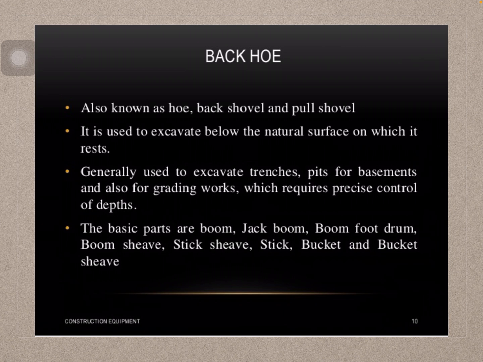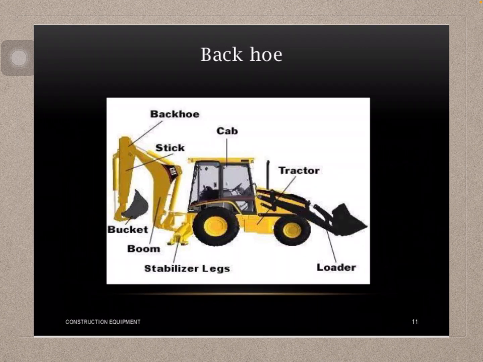It has parts like jack boom, foot drum, sheave, stick, and bucket, and this is how the backhoe works, with the bucket being continuously operated depending on the angle at which the bucket lifts the material.